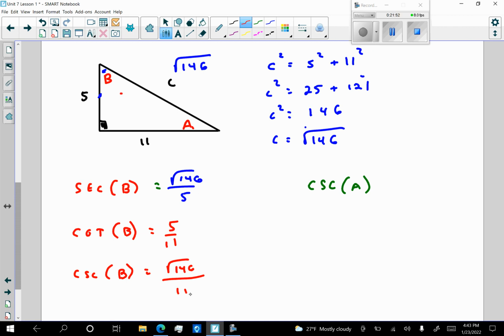And that's the cosecant of angle B. I think I'll put in the cosecant of A as well. Looking at angle A, it is the square root of 146 divided by the opposite of A, which is 5.